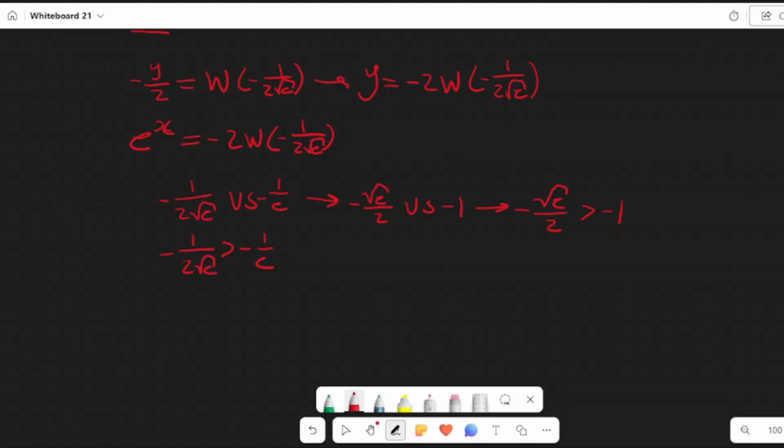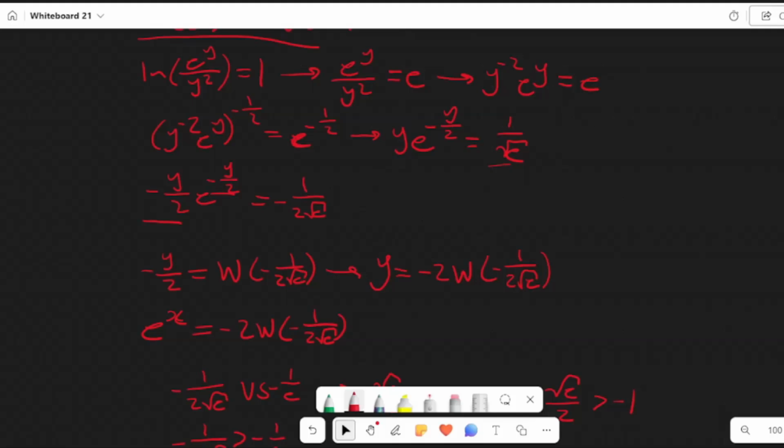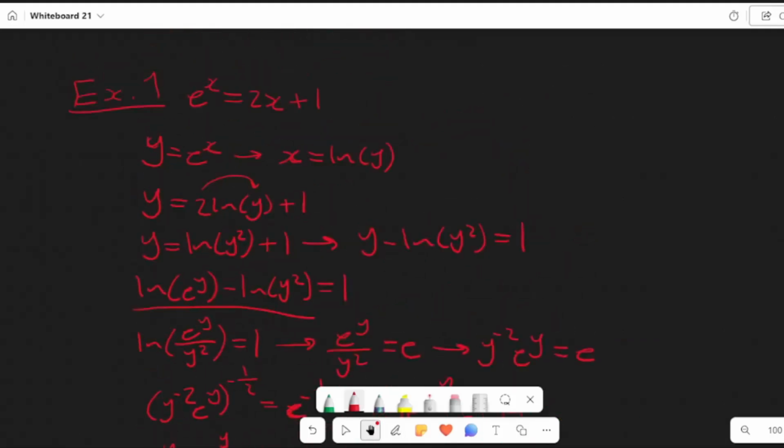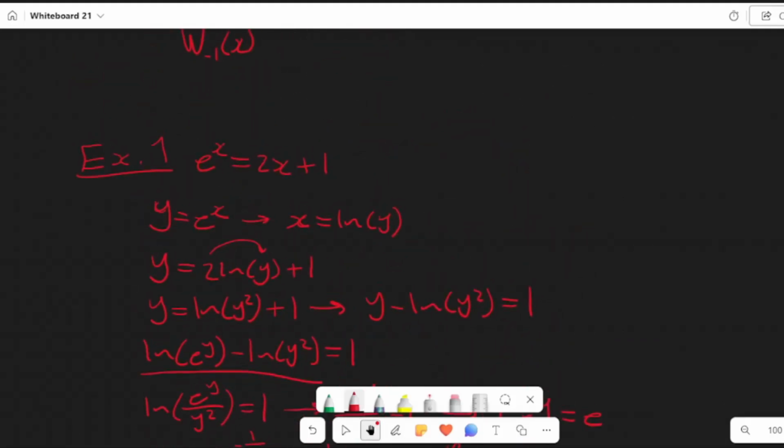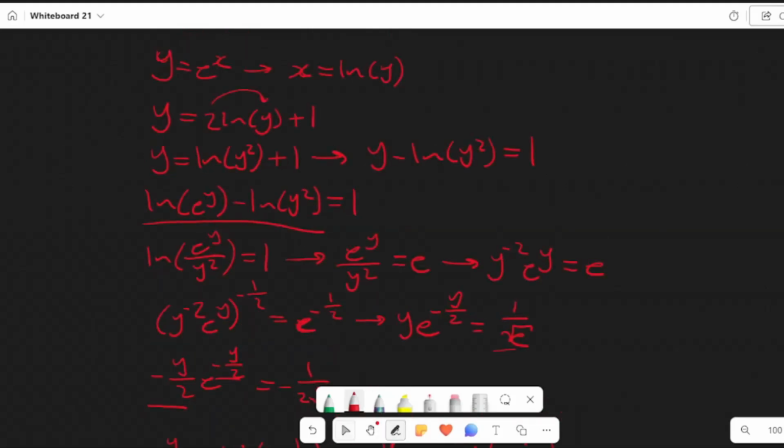But it's only one, since the zeroth branch, as we said here, doesn't have any negative solutions, I don't think, at least.